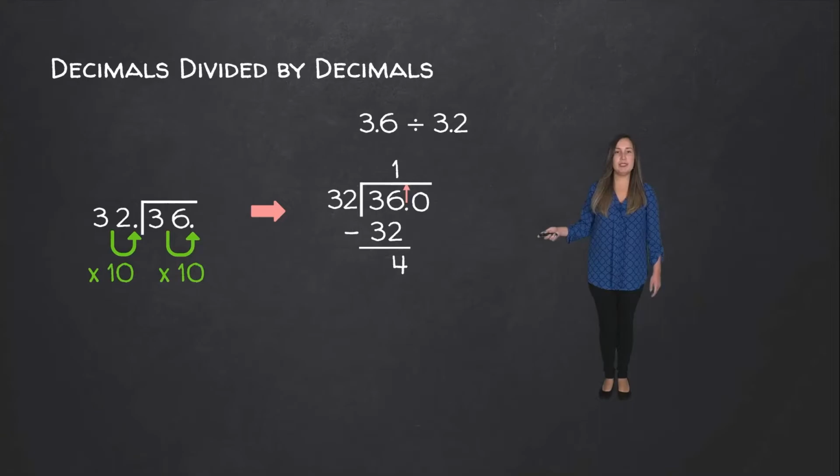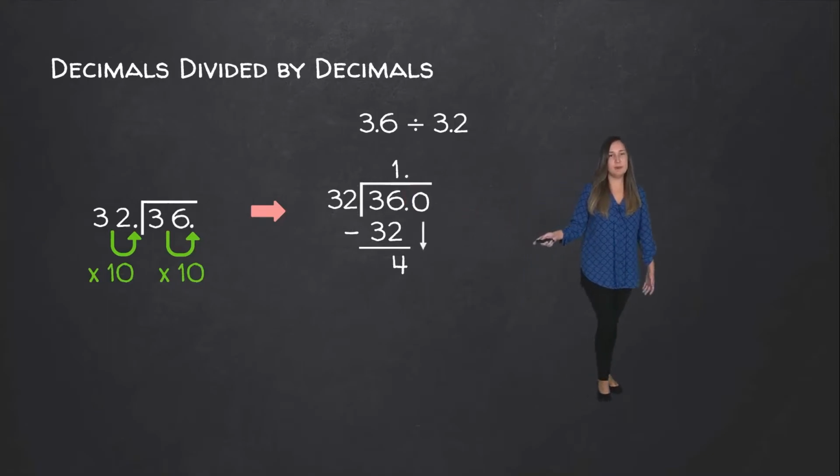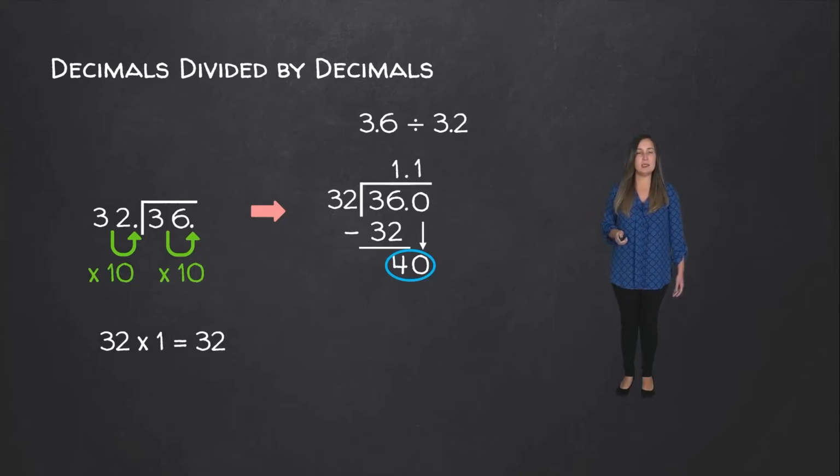Before we bring down the 0, we bring up our decimal point, and then we bring down our 0 and keep dividing. How many times does 32 go into 40? 32 goes into 40 one time, because 32 times 1 is equal to 32. Then we subtract. 40 minus 32 is equal to 8.